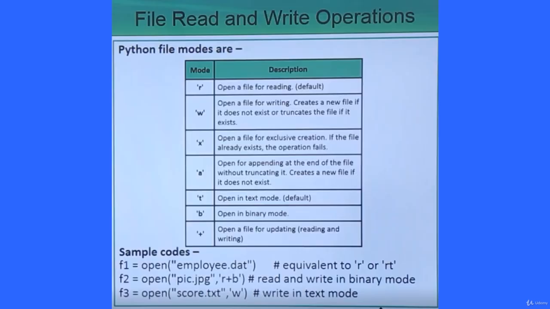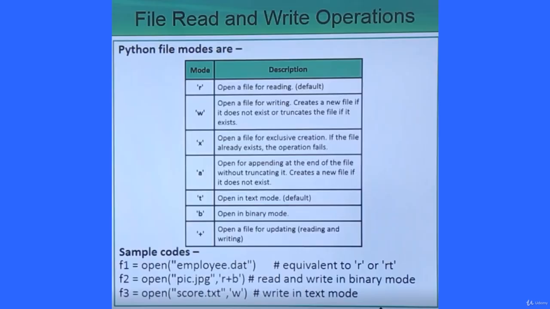So let us go through some examples here. f1 is equal to open employee.dat. Here you see we didn't mention any mode, so by default r mode will be used, equivalent to r or rt. What is rt? It is read text mode. f2 is equal to open pic.jpg, r plus b. What is the r? r stands for the read operation.